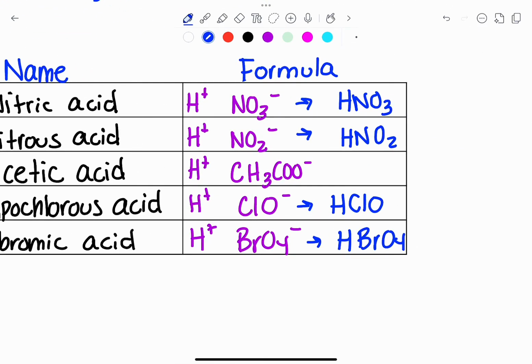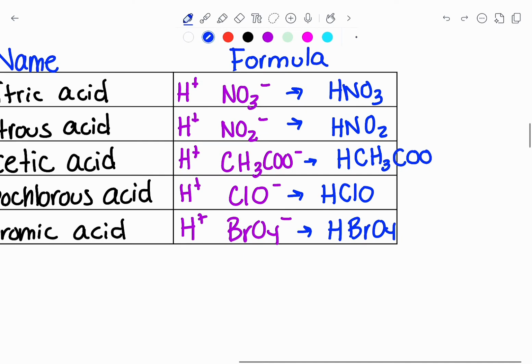Let's look at acetic acid a little bit closer. So, by our rules that we just talked about, the hydrogen is going to go out in front because it's the cation in this ionic compound. So we would technically write this as HCH3COO, without that minus because I no longer have the charge. So that would be a valid formula for acetic acid.